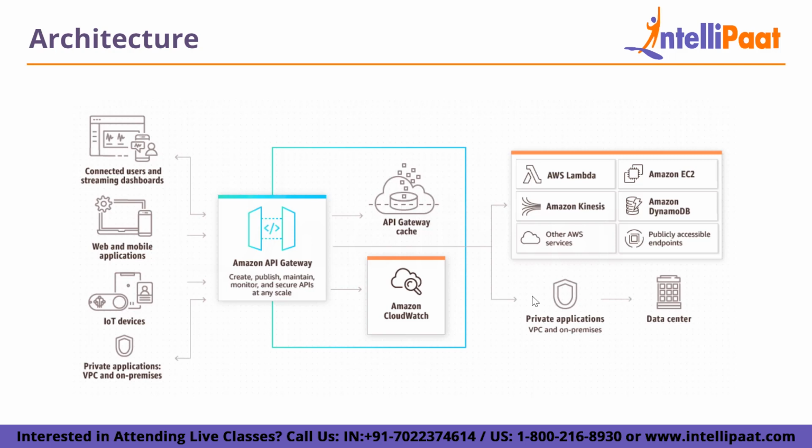Assume that we have users making an API call to the API Gateway. The API Gateway invokes a Lambda function, which then returns a response to the API Gateway. When another user arrives and makes the same API call to the API Gateway, we enable caching and time to live, which is called TTL.